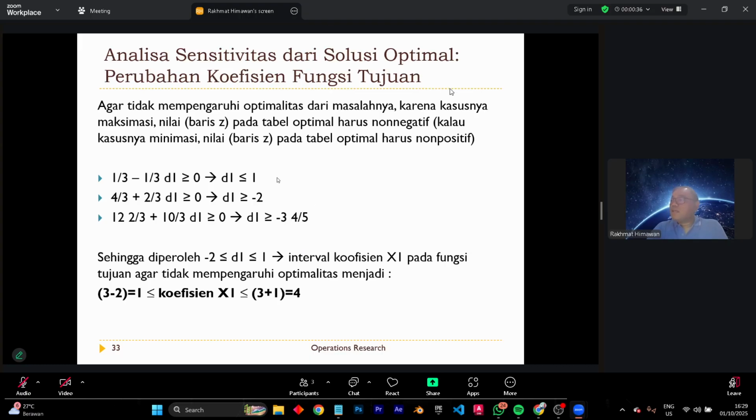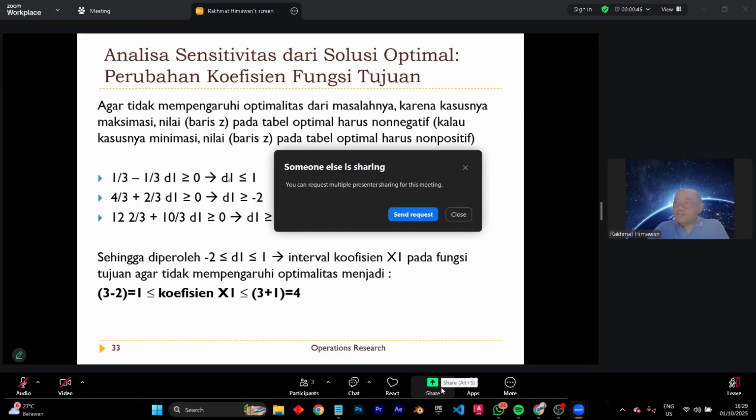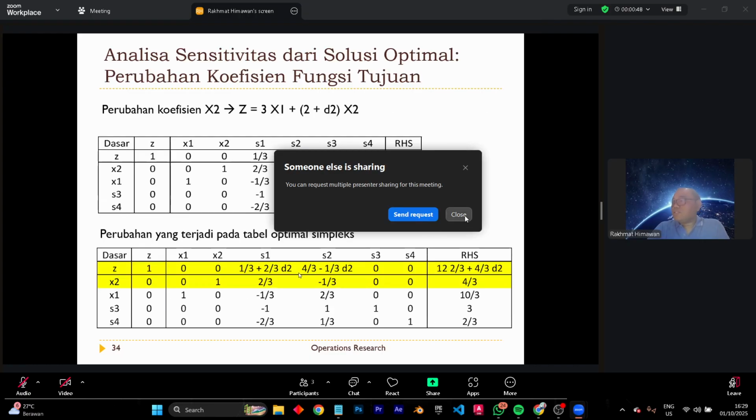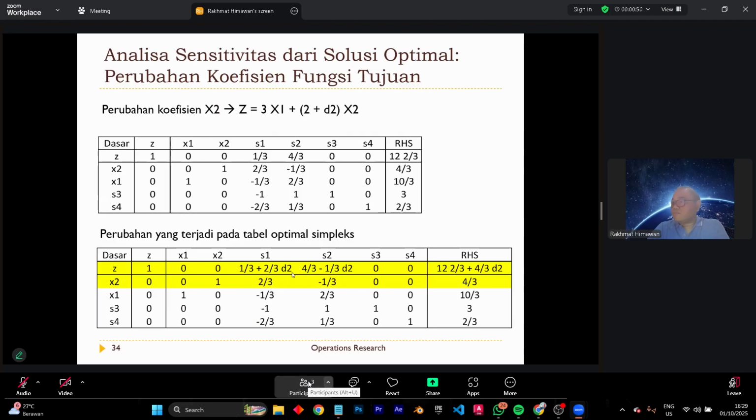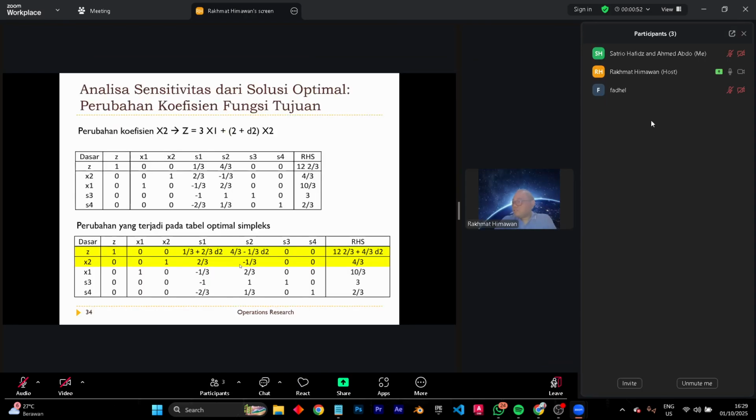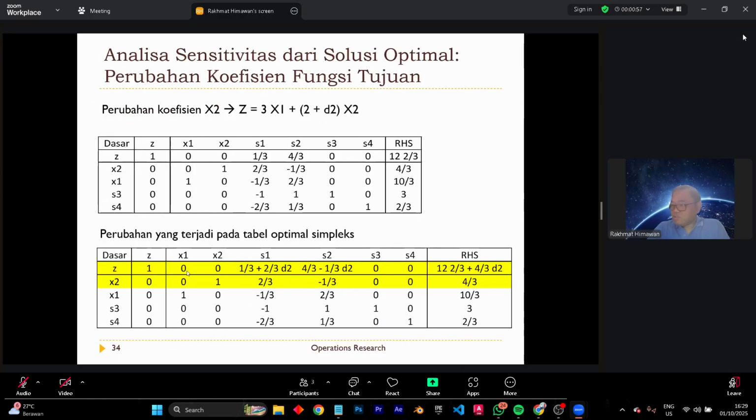Okay. Now, this is for changing the coefficient of X1, or the revenue from producing one product of X1. D2 is for product X2. So we see now, same as before, we put the coefficient, whatever it is that is not zero. This one is zero, so we don't put anything in here.